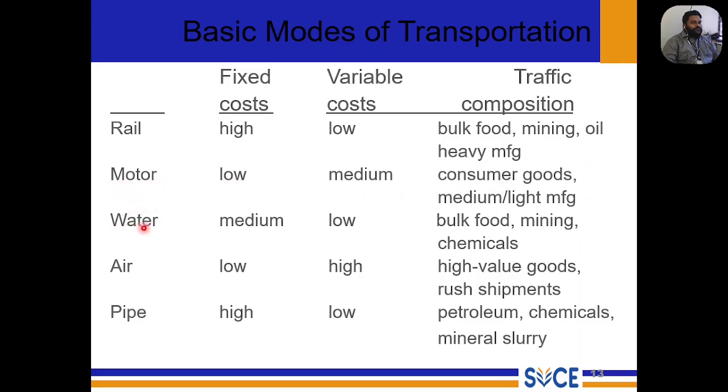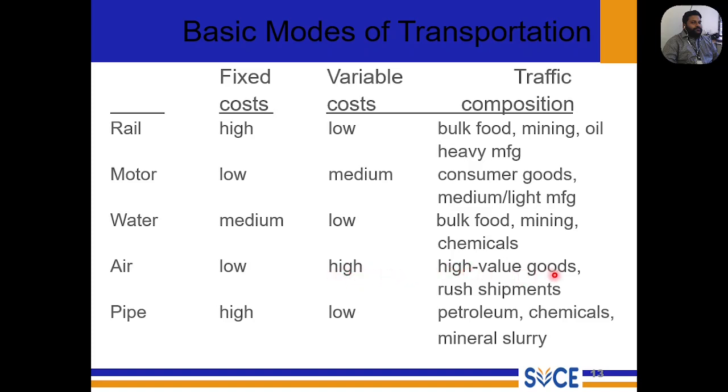When you think about water, like shipping, the fixed cost is medium and the variable cost is low, but it has to be bulk food, mining, chemicals, and other materials in bulk mode. For air, the fixed cost is low, but the variable cost is very high, because if you book transportation for the next day through air, your variable cost is going to be very high.